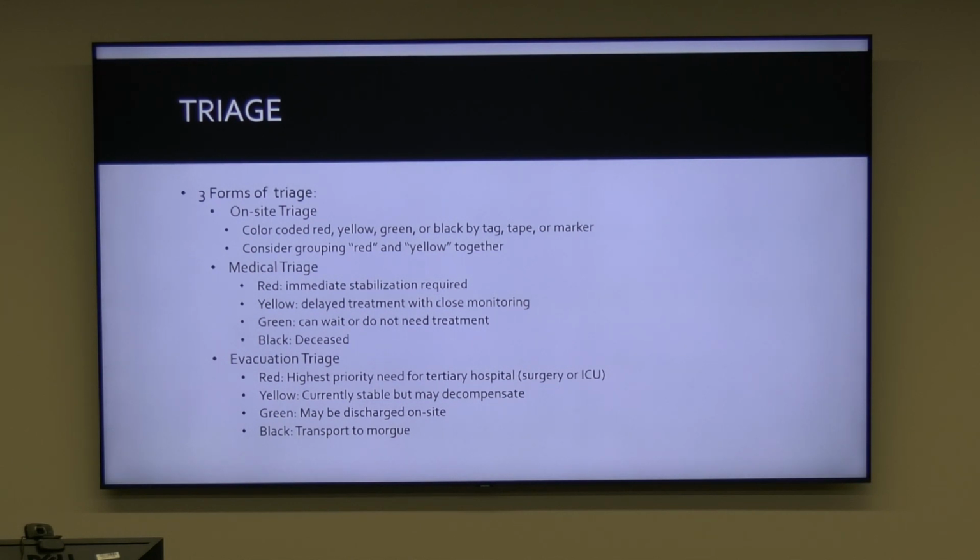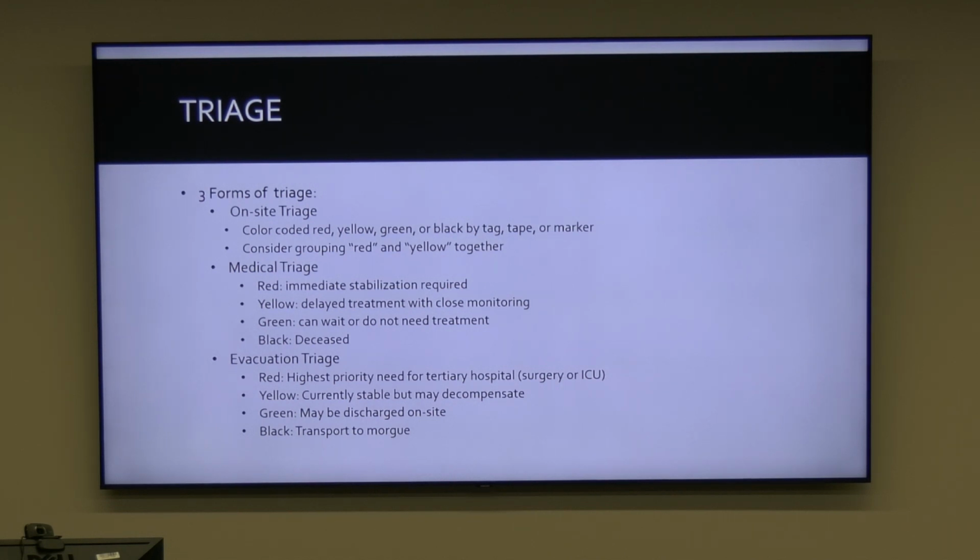And then there's the evacuation triage. This is important for evacuation settings, which is often a huge consideration for people in hospitals in hurricane situations, for example. This is similarly tagged or divided, but red in this case means highest priority for need of a tertiary hospital.